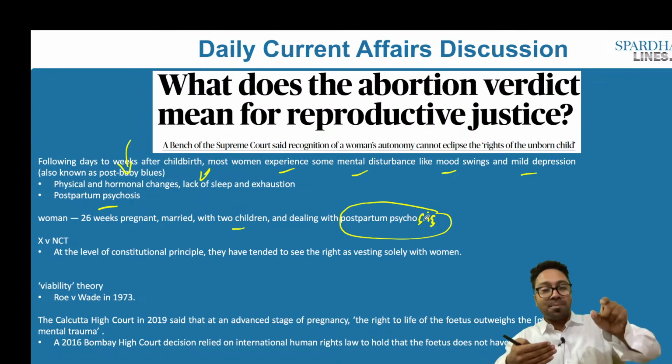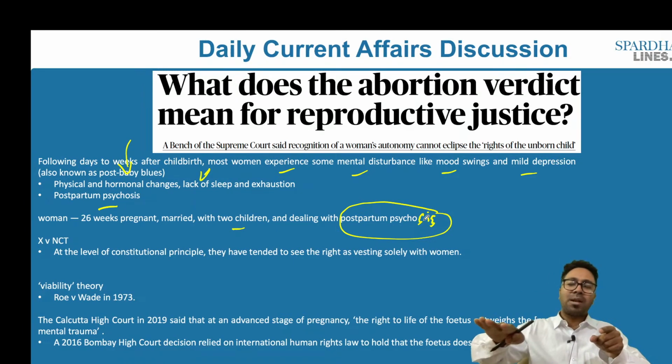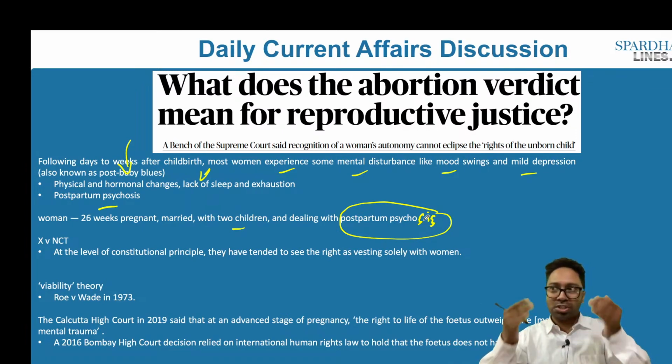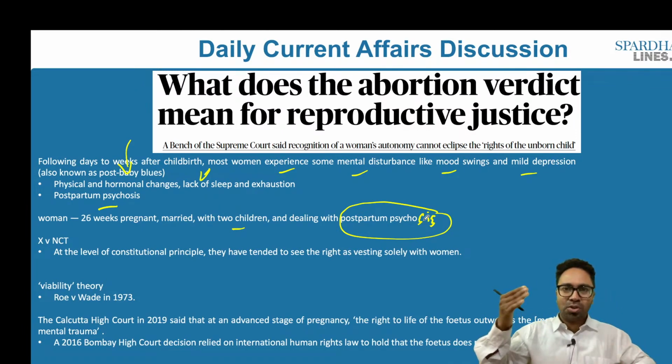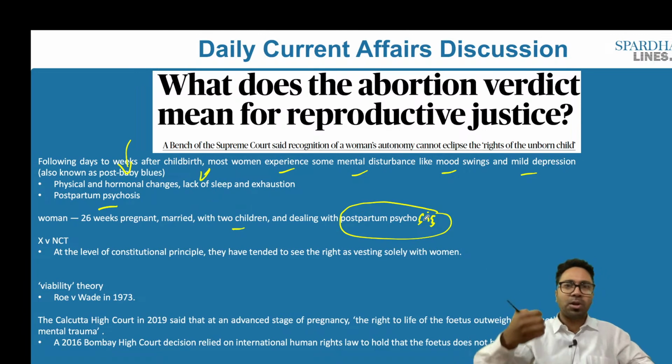Because in her second pregnancy she faced postpartum psychosis, and in the third pregnancy, if there is childbirth, it can result in postpartum psychosis, and ultimately it could result in mental trauma, mental disorder, and her mental well-being being disturbed. She goes before the Honorable Court and requests the Court's permission to abort this fetus.